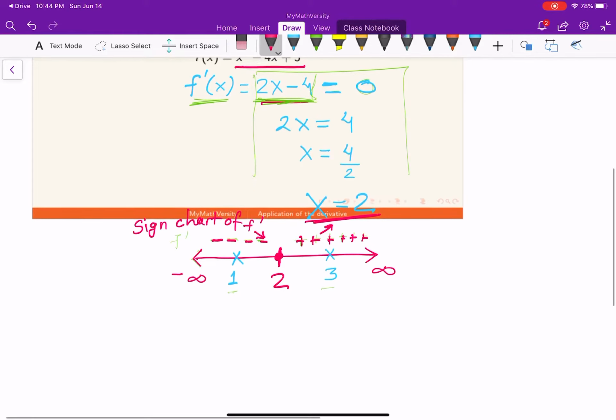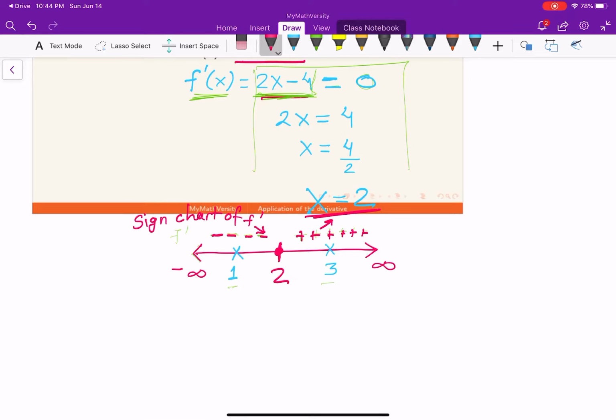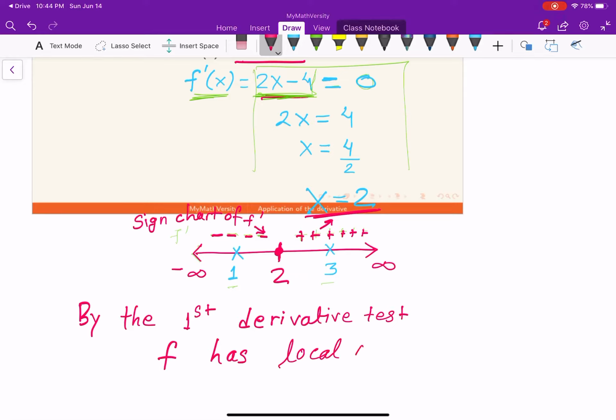So by the first derivative test, f has a local minimum, because the sign was changing from negative to positive, at x equal to 2.